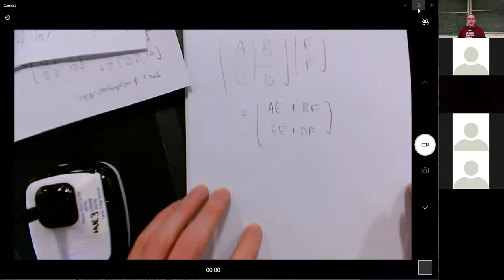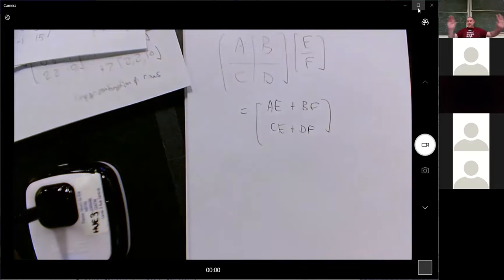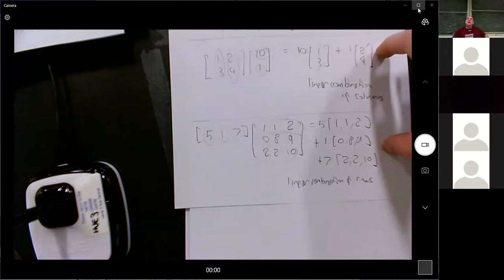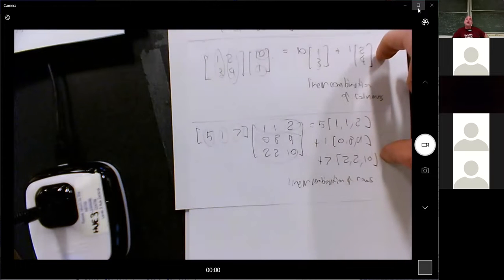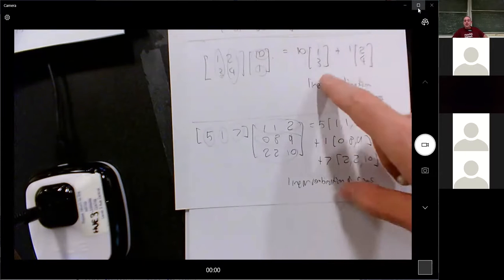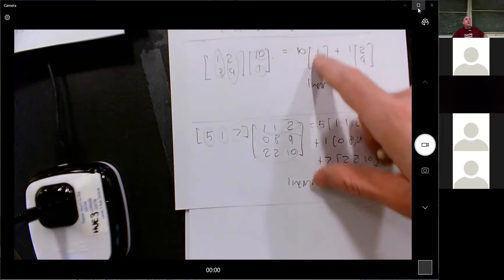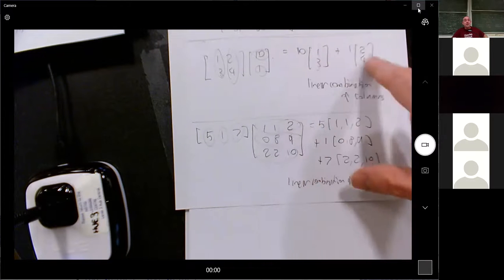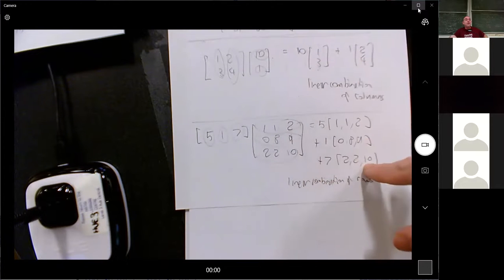Okay, matrix multiplication. I'm going to stop waxing lyrical about matrix multiplication, but I will say that these two things are one of the reasons why matrices are so useful for helping think about vectors. Because a vector is a list of coordinates. And so this is a vector, these two are column vectors, these two are row vectors.